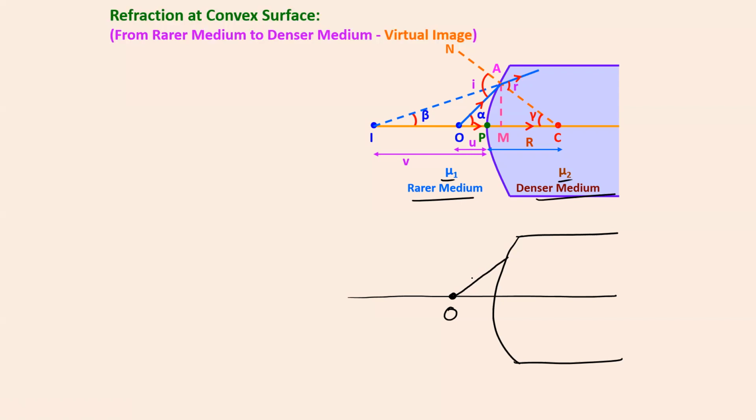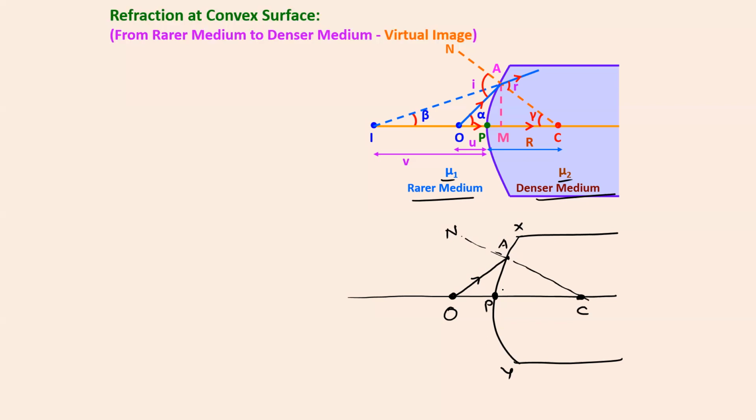Okay, this is your incident ray, and this incident ray is going to fall on this XPY surface at some point A. And we know that at point A we have a normal, and this normal always passes through the center of curvature.